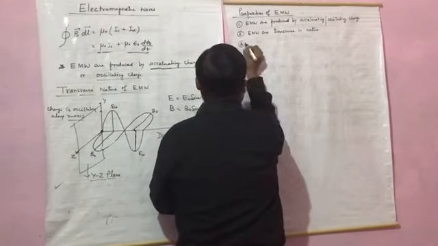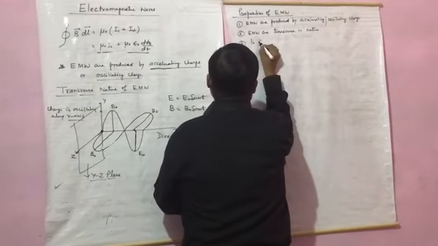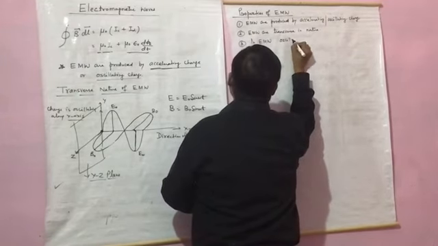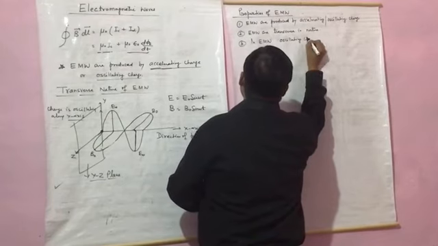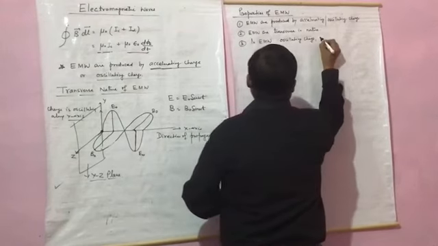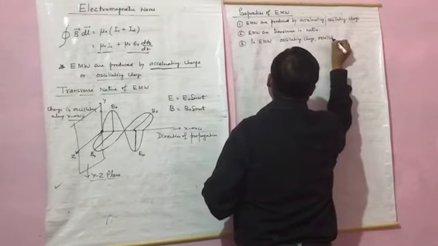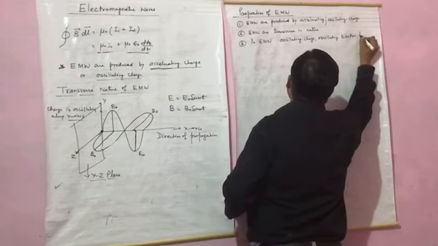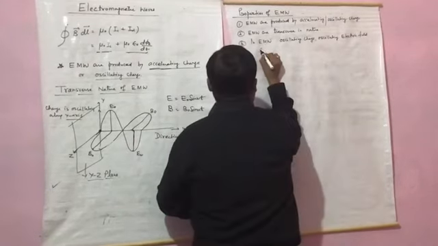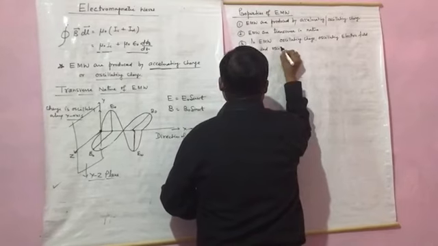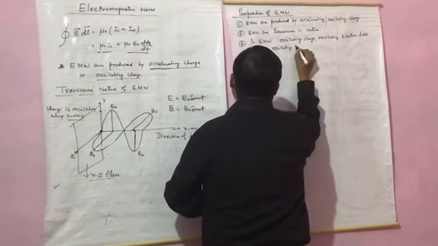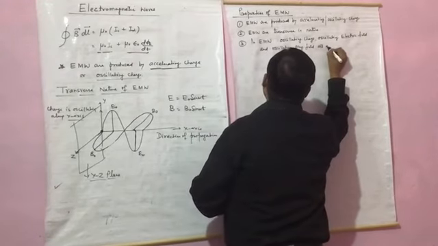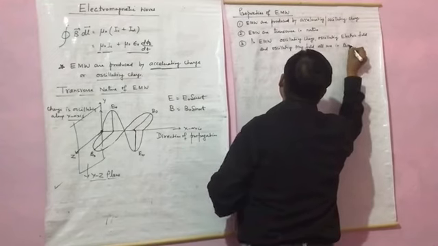Number three, in EM waves, oscillating charge, oscillating electric field and oscillating magnetic field all are in the same phase.